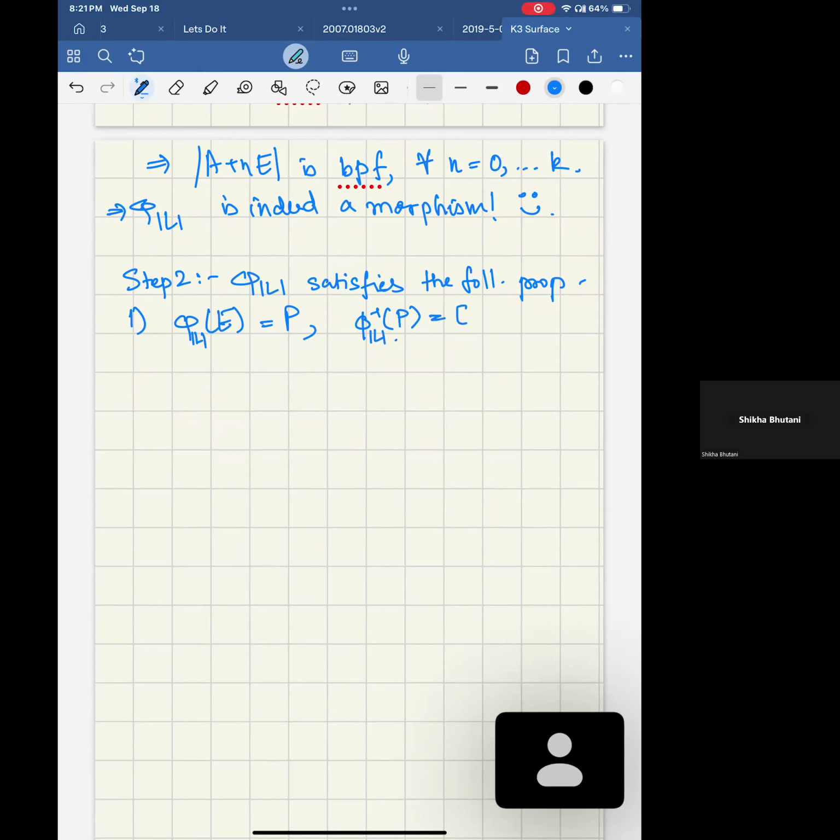P inverse of P is equal to E. We must show that P is indeed birational and proper. X1 is smooth. P is a blow up of X at P.